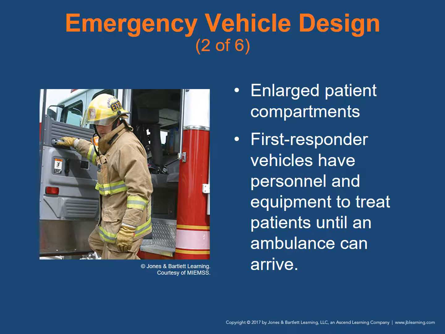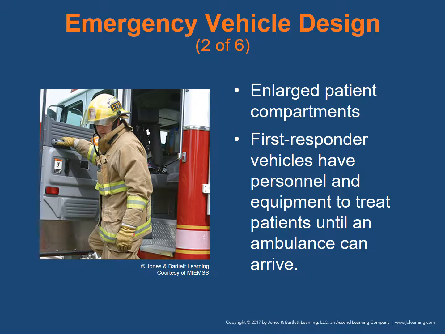And of course, by law, we know that to transport a patient safely and legally, they have to be strapped by seatbelts to the gurney, and the gurney has to be able to attach or lock itself into the floor of the patient compartment. Like in the fire engine you see in this picture, there is no room for a patient compartment. So that's what makes ambulances special. Sometimes you'll hear ambulances referred to as rescues.